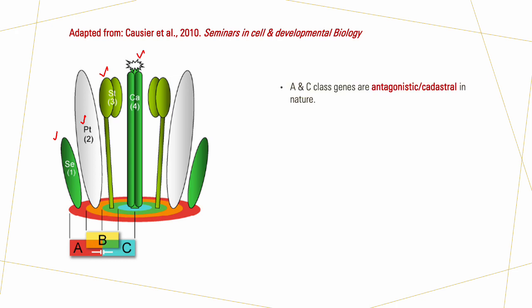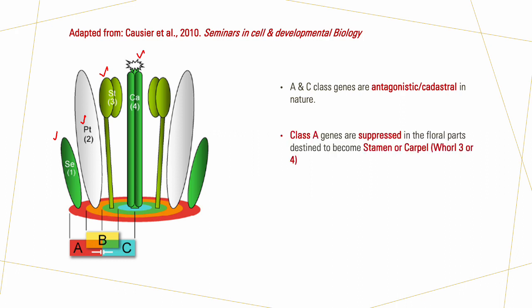Please remember that the A and C class genes are antagonistic or cadastral in nature. Antagonistic means opposite. So what is the meaning of that? Please remember class A genes, do you see that there is a clear-cut boundary between A and C? So A and C are never working together.